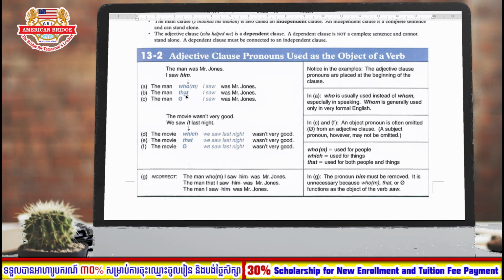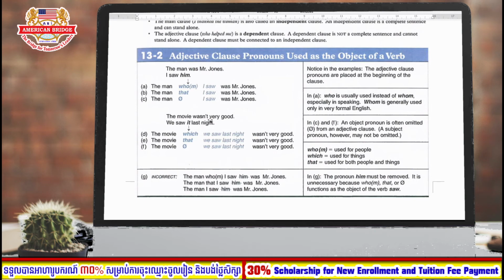Or you can omit the relative pronoun completely if it is the object. So, the man I saw was Mr. Jones. You don't need any relative pronoun at all.